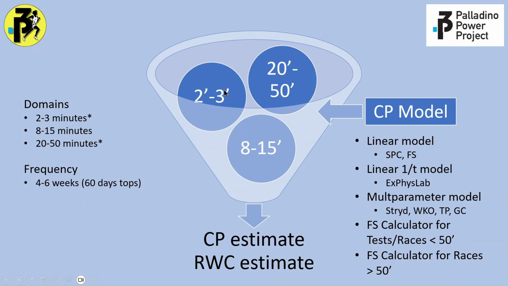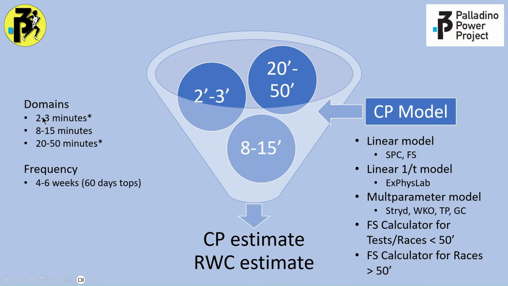In terms of domains, this is what I typically recommend. I usually recommend a 2 to 3 minute domain, an 8 to 12 minute domain, and a 20 to 40 minute domain. For this video, I changed that to 8 to 15 minutes and 20 to 50 minutes.